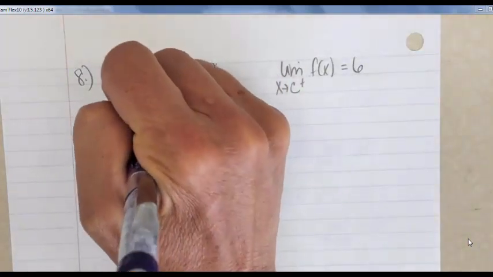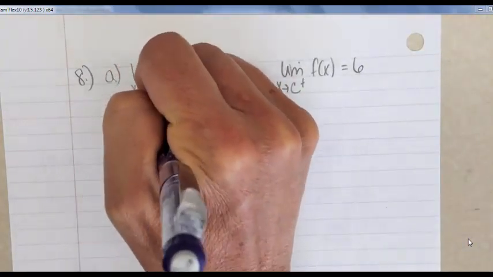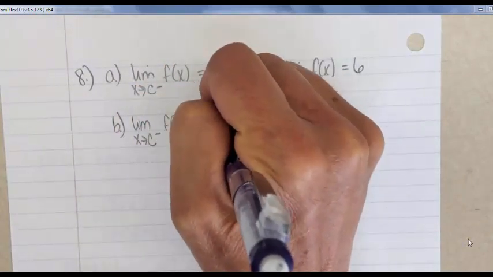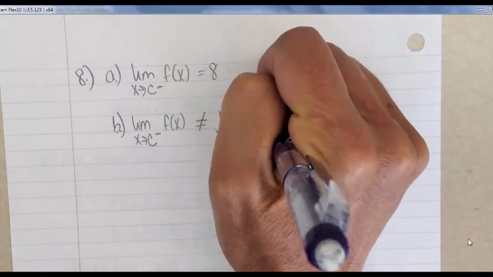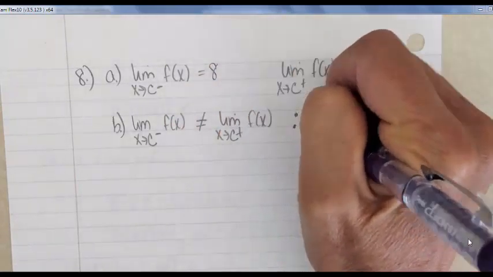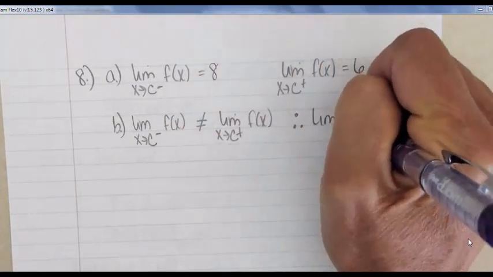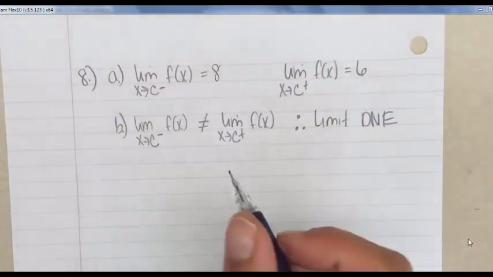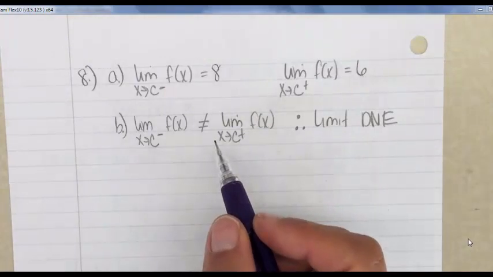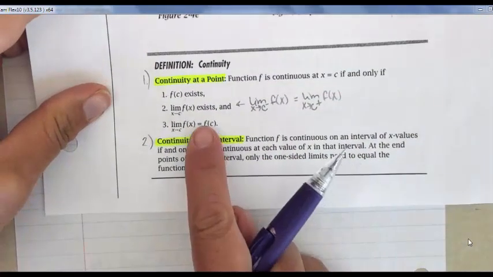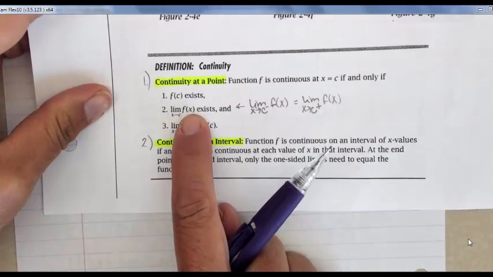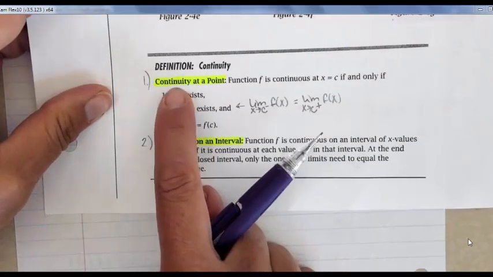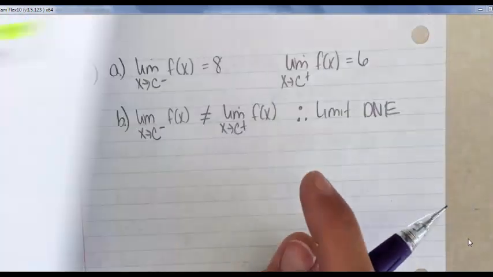So the limit as x goes to C from the left of f of x does not equal the limit as x goes to C from the right of f of x. Therefore, the limit does not exist. Okay, and basically if we know that the limit doesn't exist, then number 2 is not checked off for continuity at a point, so it's not continuous.